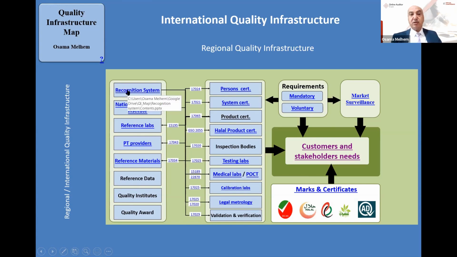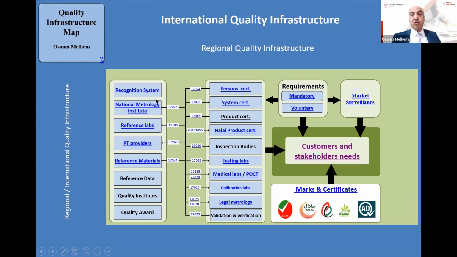Now, we have at the top of the system here the recognition system. The purpose of the recognition system is to give reliability or credibility to the consumers, to the organizations, or to everybody that these bodies, these CABs, are competent.